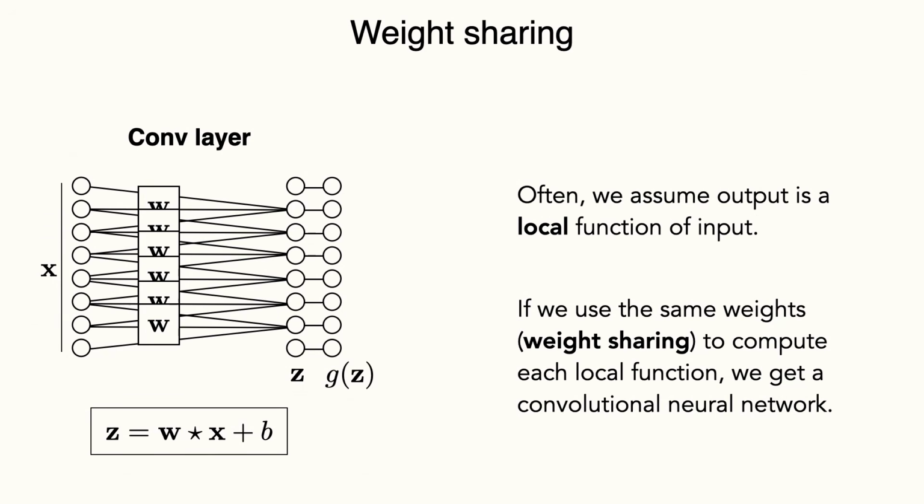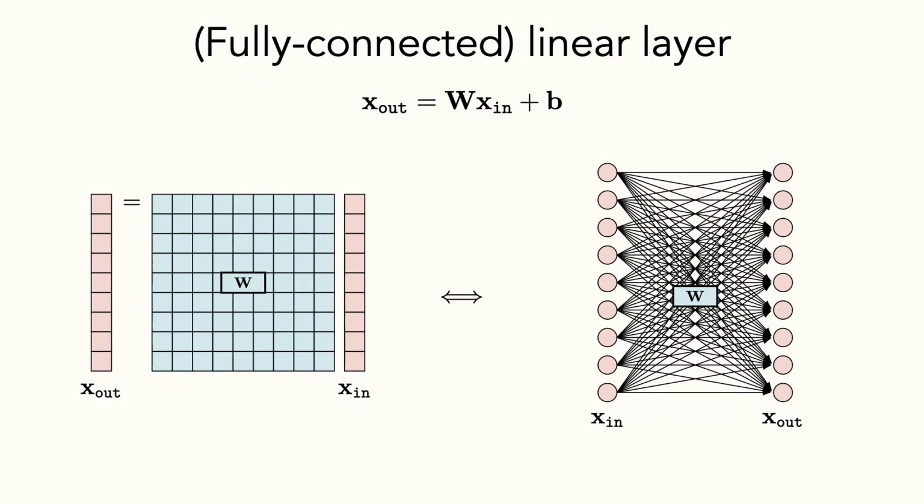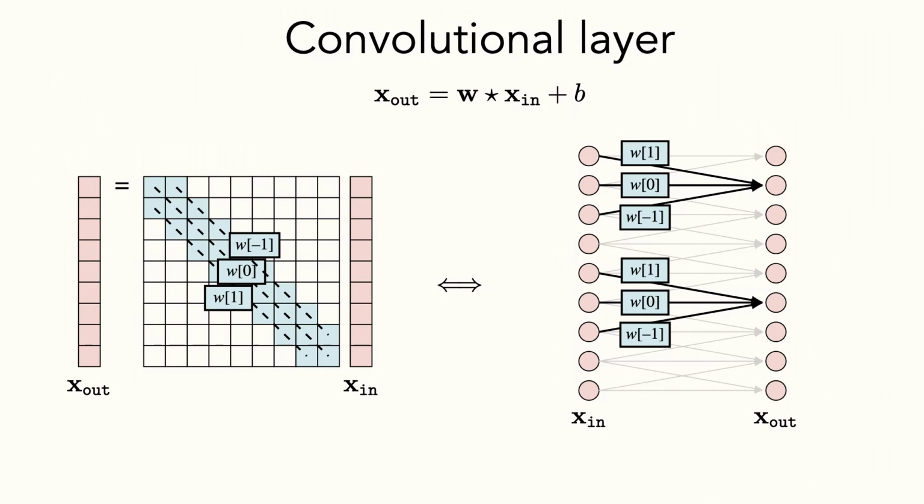If you want to think about what that looks like in a broader sense, a fully connected layer is the same as taking your input vector and multiplying it by a dense weight matrix, where every single one of those values matters, and that's how you get your output. A convolutional layer is the same, but now the weight matrix has a very specific structure.